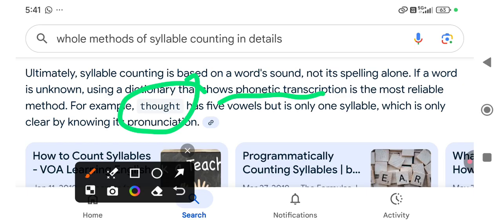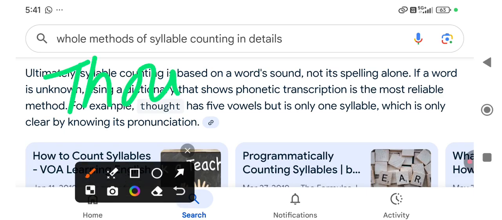The spelling of thought is T-H-O-U-G-H-T.